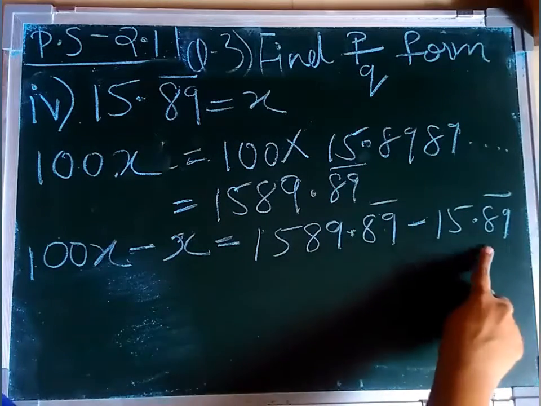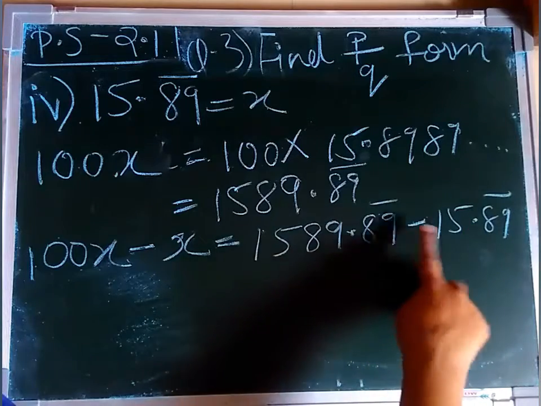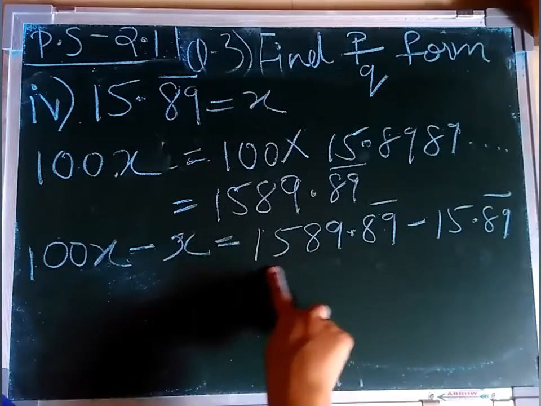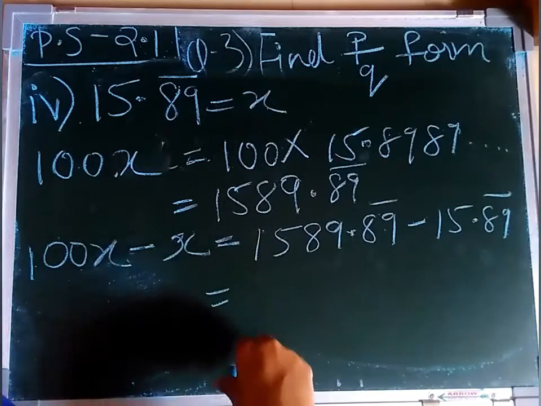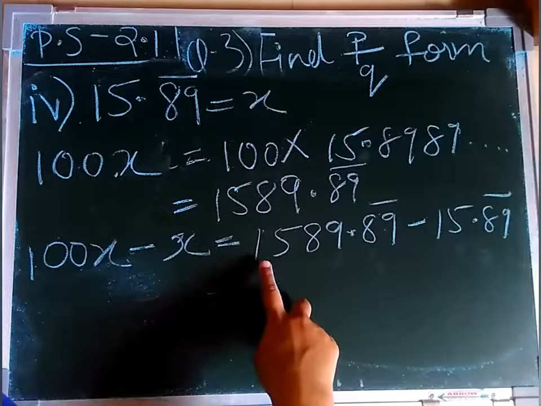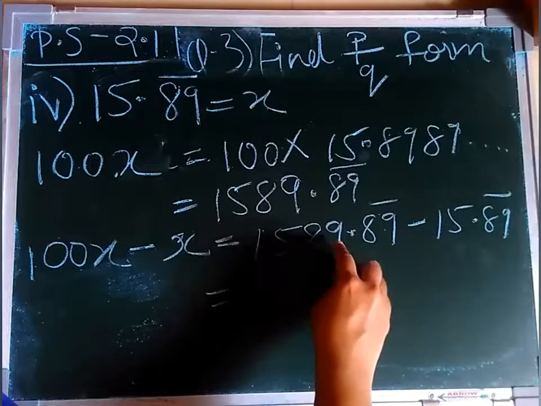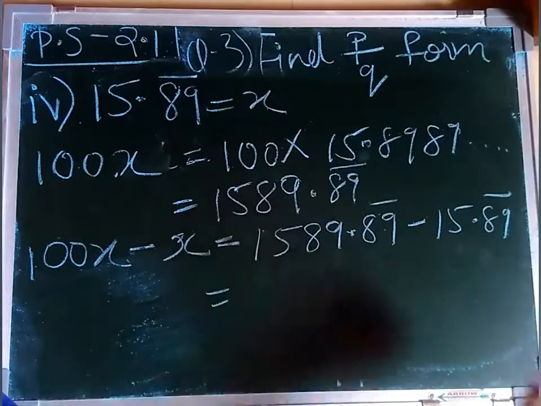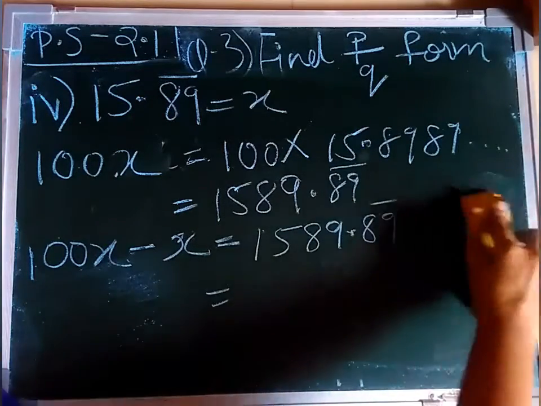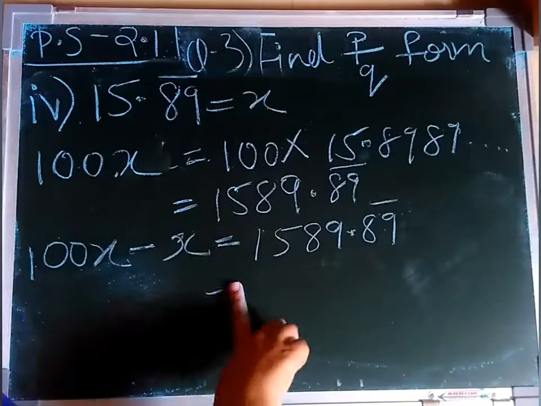So I can get rid of the decimal part, plus I have to subtract 15 from this number. I'll write it below so that you understand better what I'm doing.